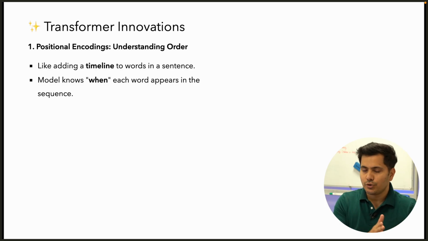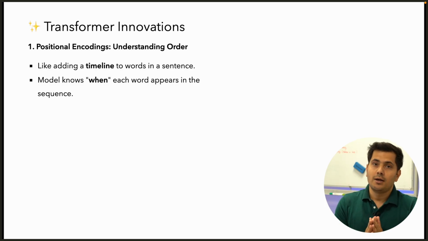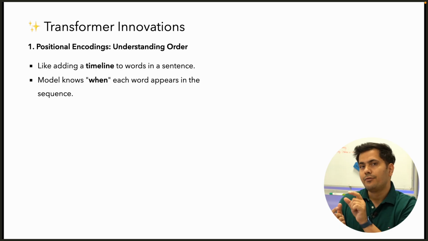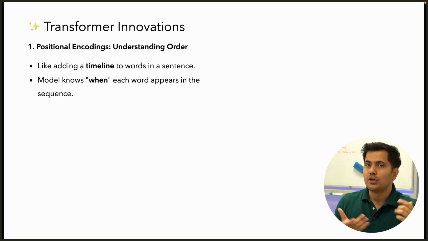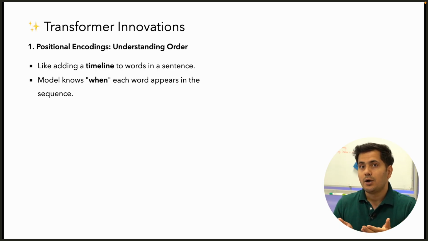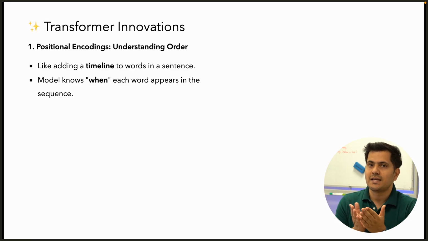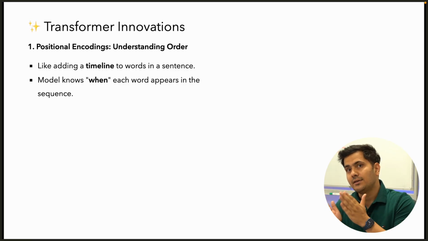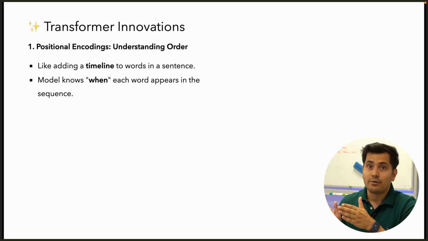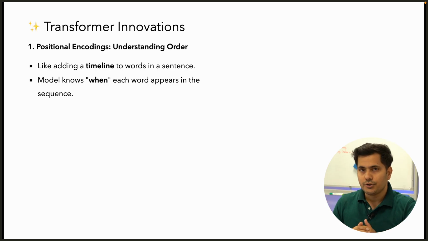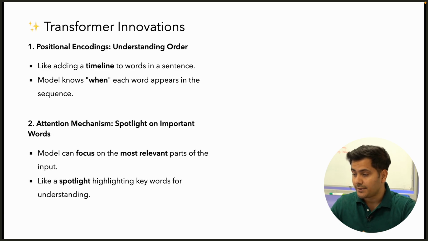In that sentence, the last "there" is referring to the shop, right? And we can only say that because we as humans can understand that text, and we can understand that the pronoun "there" is referring to the shop. And positional encoding allows transformers to essentially do that.